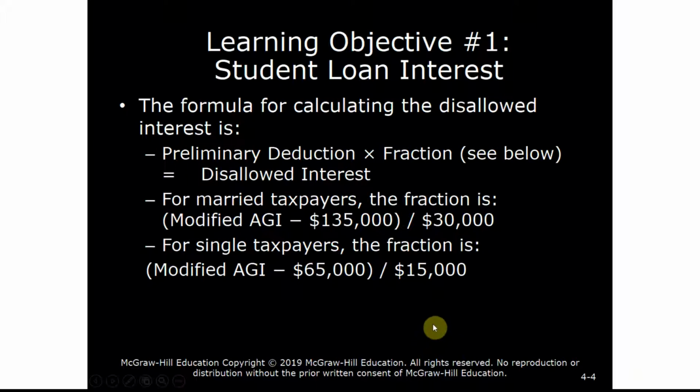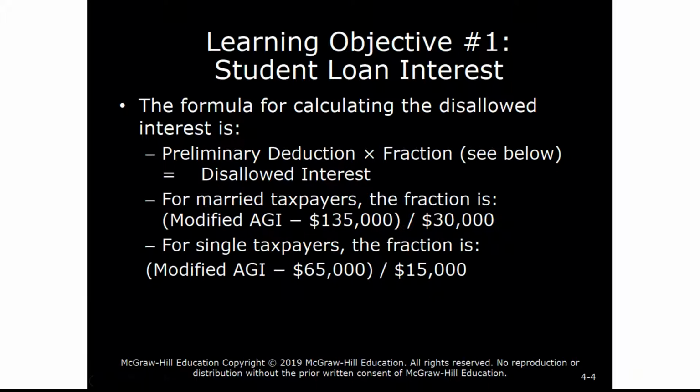There are limits on who qualifies to take the student loan interest deduction for AGI, and it begins to be phased out for taxpayers who reach certain income thresholds. And so, for example, for married taxpayers filing joint, the modified adjusted gross income, which is your adjusted gross income modified or adjusted for certain items, less the $135,000, and then divide that into the range of $30,000.